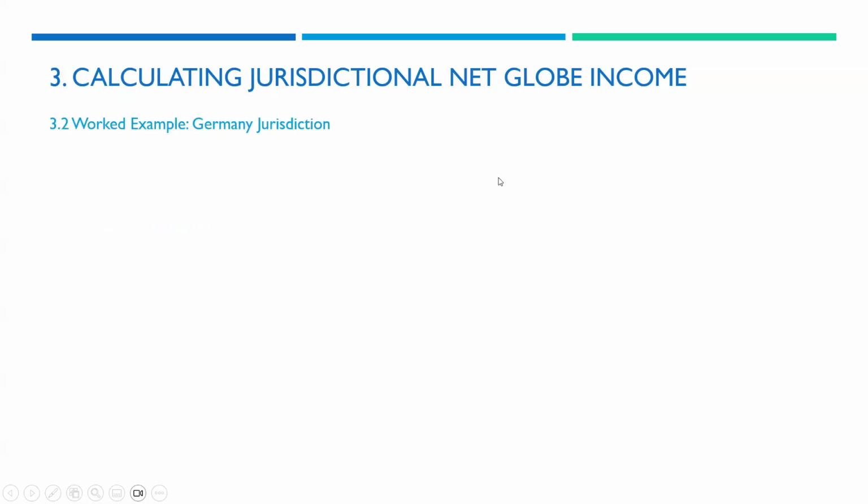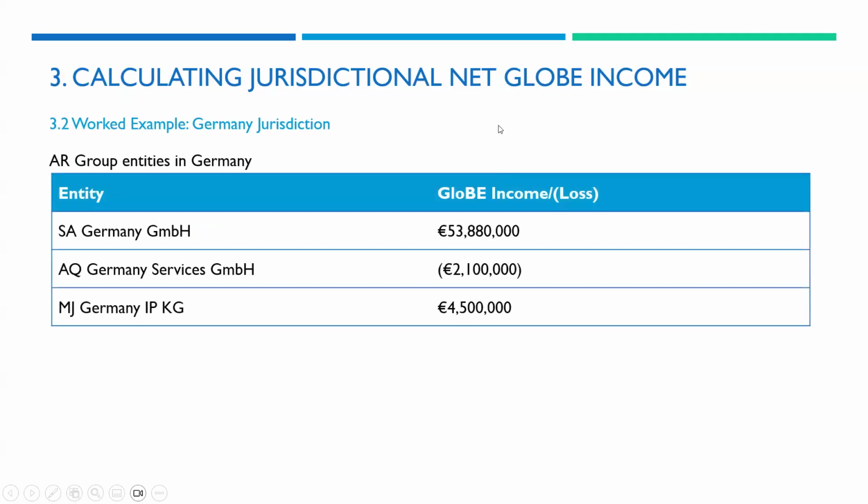Now let's do an example. Let's say that AR Group has group entities in Germany. Okay, these are all in Germany. So you tell me, what is the globe income of the Germany jurisdiction? The denominator in Germany that I would use.